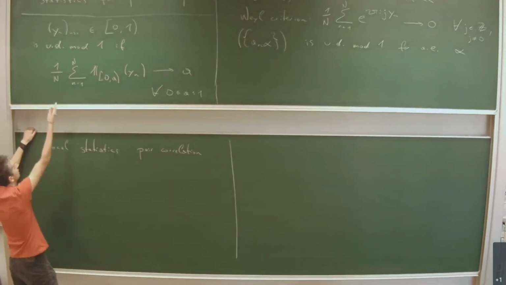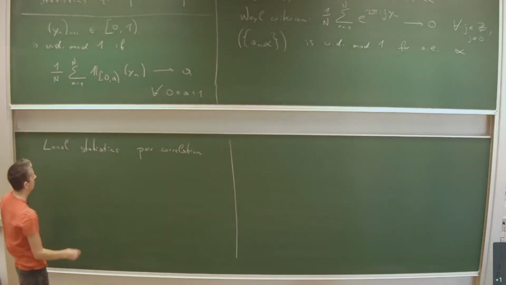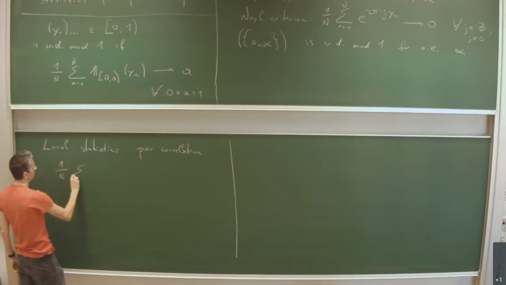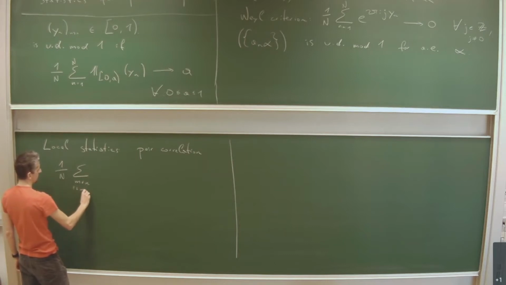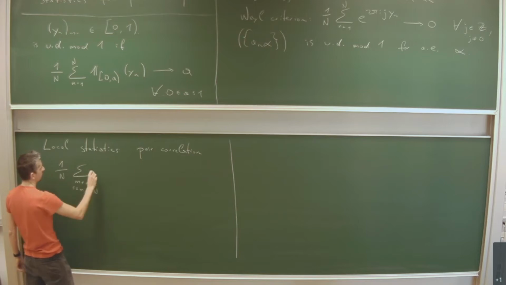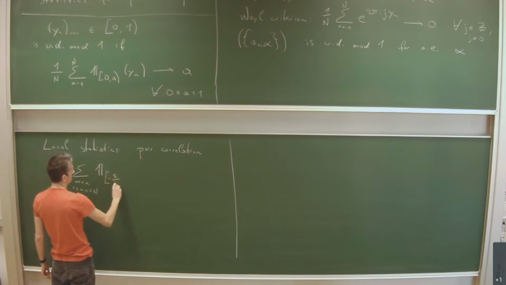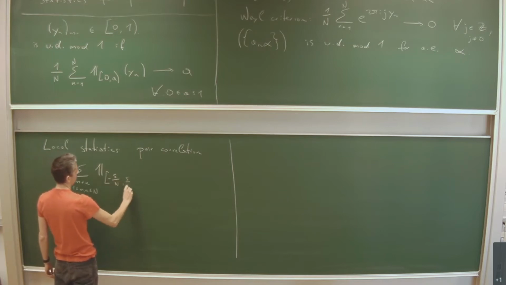So you have your sequence yn of points in the unit interval, and then you count the number of pairs which are close to each other at scale roughly 1 over n.